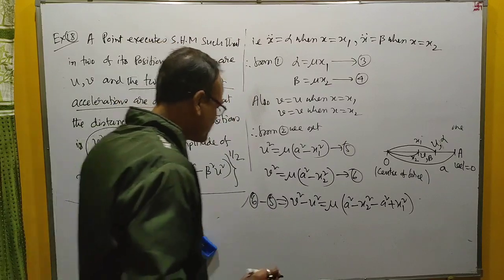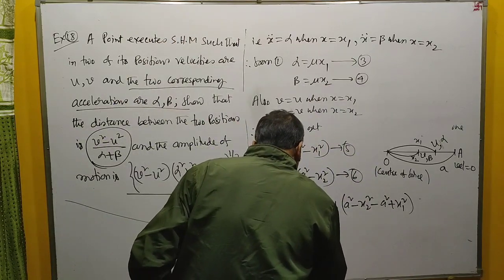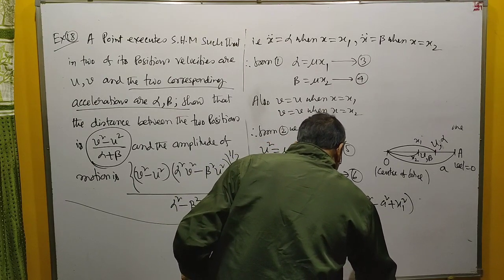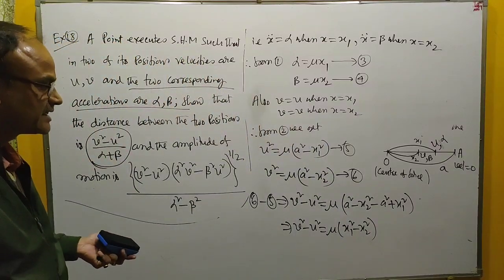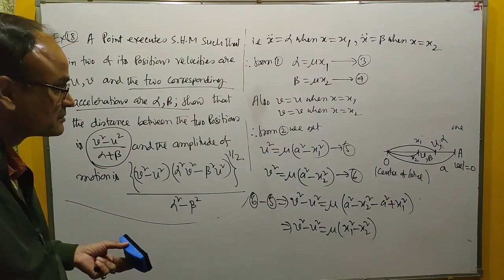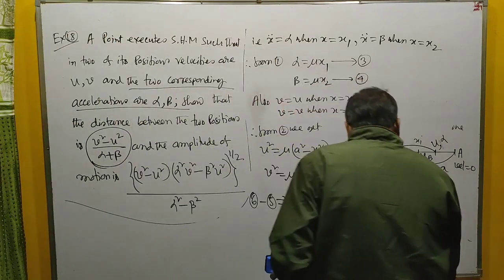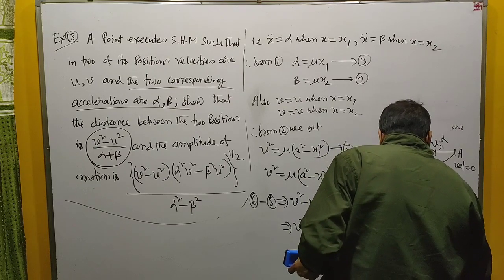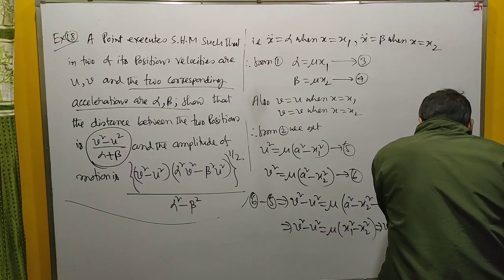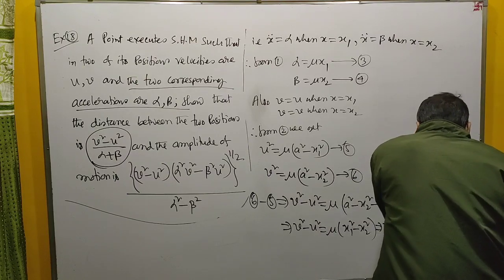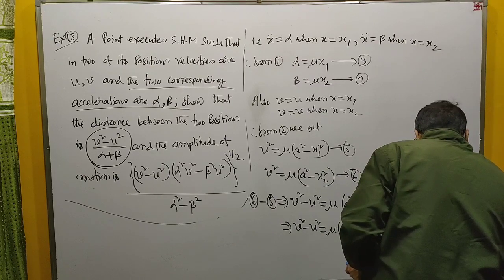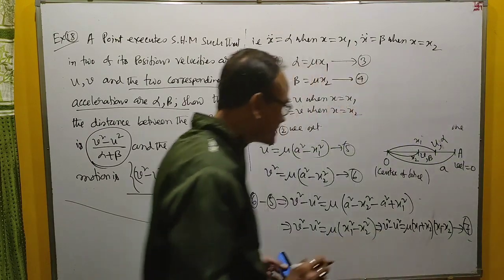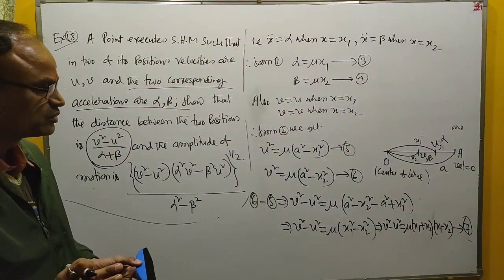Or v square minus u square equal to mu into x1 square minus x2 square. Or you may write v square minus u square equal to mu into x1 plus x2 into x1 minus x2. Suppose this is number 7. V square minus u square is equal to mu into this.